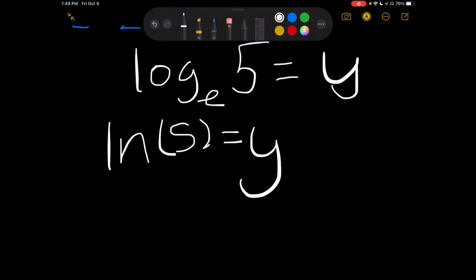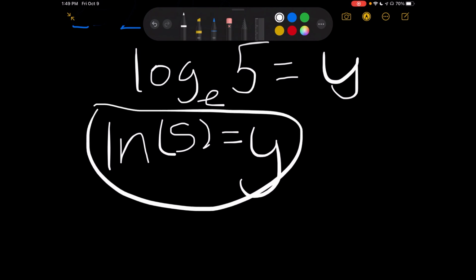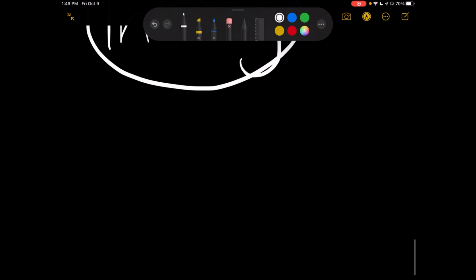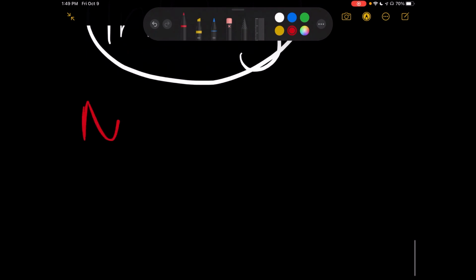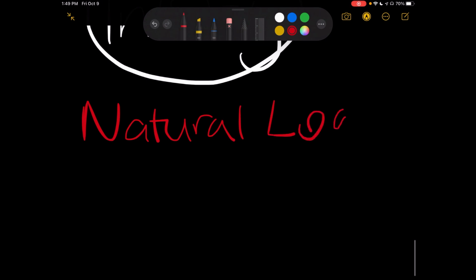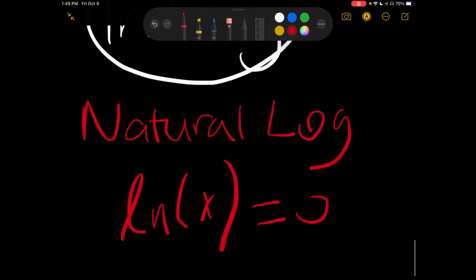Now, this is how you'll see it in most textbooks. Mathematics professors write them like this. This is how you'll see them most of the time. So natural log is written as ln of x equals something. I'll just leave it at that.